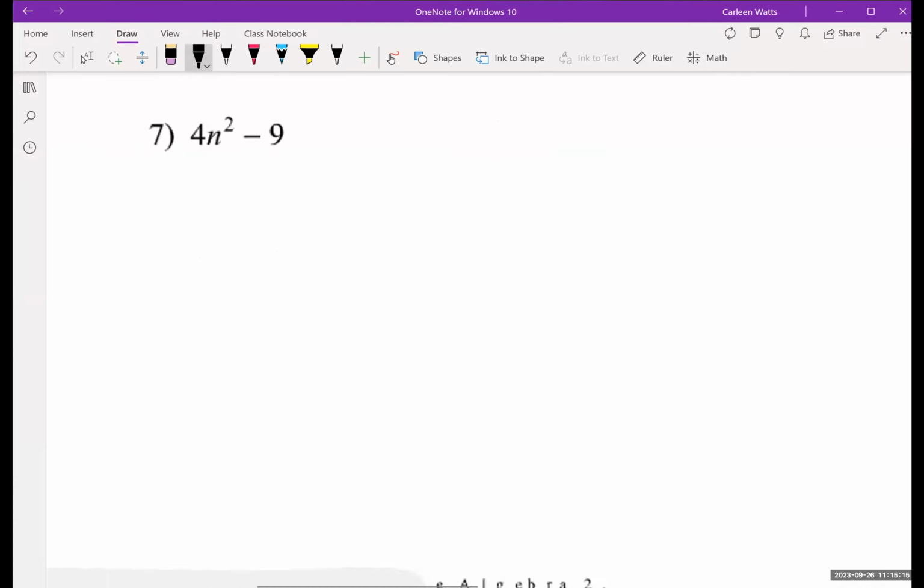Okay, moving on. Now I have two terms. Do they have a GCF? Nope, we checked and they don't. Nothing in common. They are separated by subtraction. Now, something is special about the numbers 4 and 9. 4 and 9 are special, and they are in the group of numbers we call what?